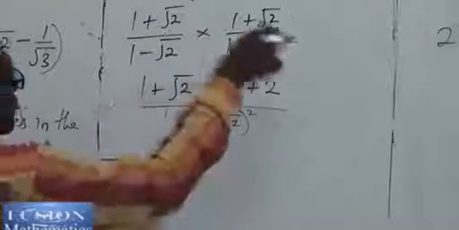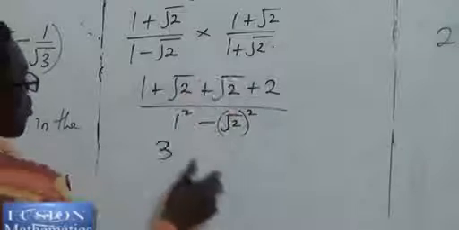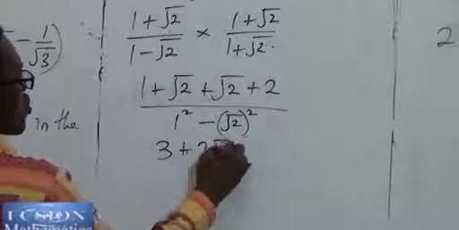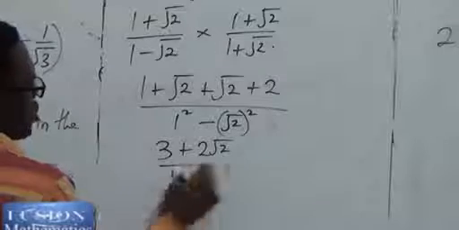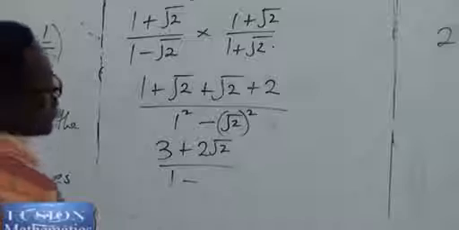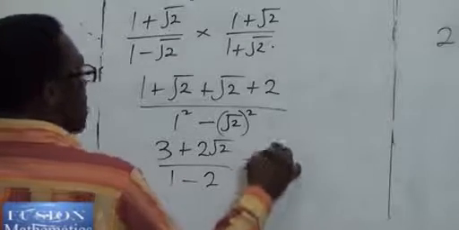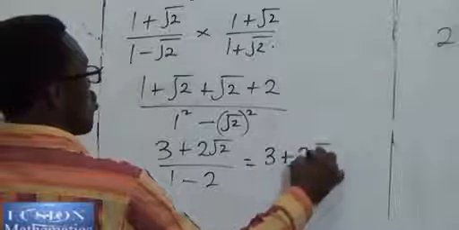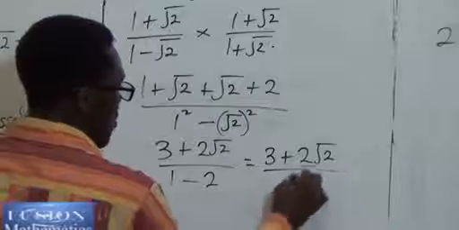We have 1 plus 2, we have 3. Root 2 plus root 2, we have 2 root 2. All over 1 squared, which is 1, minus root 2 raised to the power 2, which will give us 2. So 3 plus 2 root 2 all over 1 minus 2, which will give us minus 1.